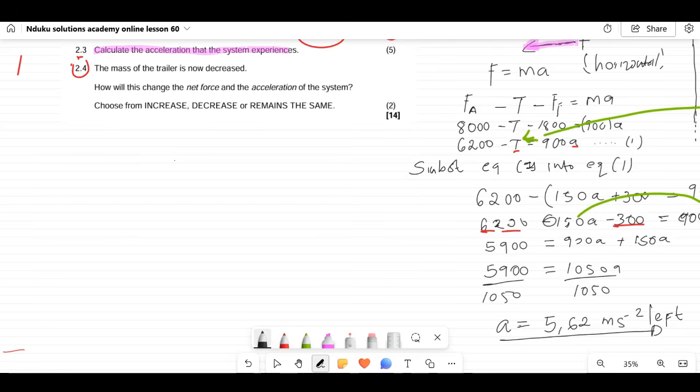Let's take this as one system. That's the applied force by the engine, which will remain at 8,000 newtons. And then your normal force and the force of gravity, then your frictional force, total frictional force.